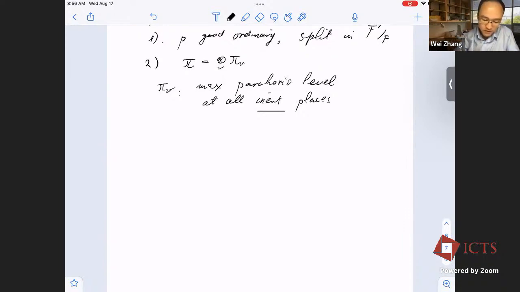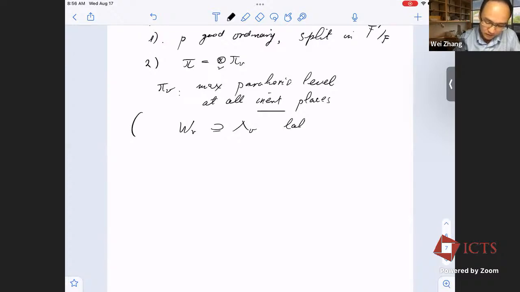So the key is for the inert places. I can only allow maximal parahoric level of the following form. Locally, this means pi_v has a non-trivial fixed vector by a certain parahoric subgroup defined by a lattice.